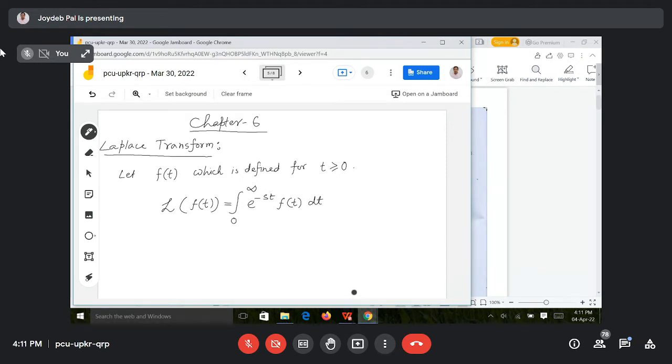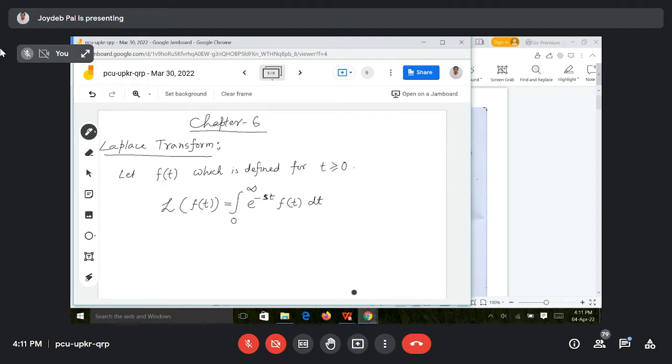Now, if you evaluate this integral, will it be a constant or something else? Something else. Here I am talking about s. I have given e to the power minus st, where s is a parameter.